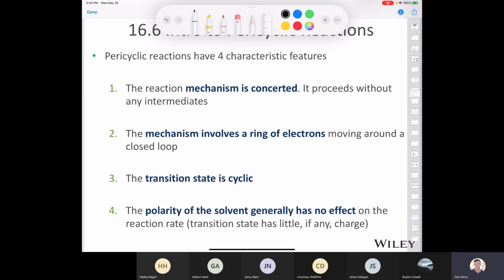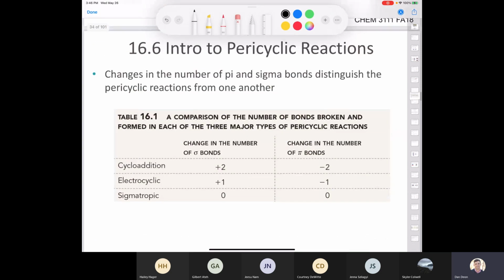The mechanism is just a ring of electrons moving around a closed loop. The transition state is cyclic, and you're going to see that as we move on in the content. And the polarity of the solvent, whether it's polar or nonpolar, has very little effect on the reaction rate. It doesn't have an effect on the transition state, because the transition state has little, if any, charge whatsoever.